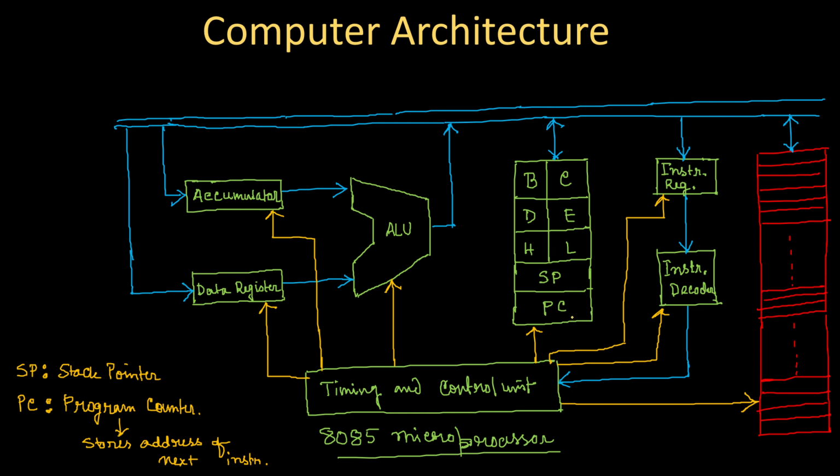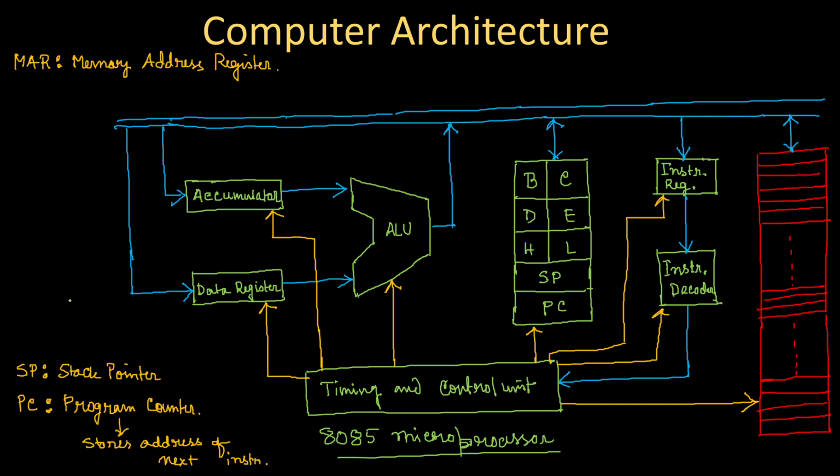And then, depending on the program counter, there is one more register I have not mentioned over here, and the register name is MAR. The full form is memory address register.